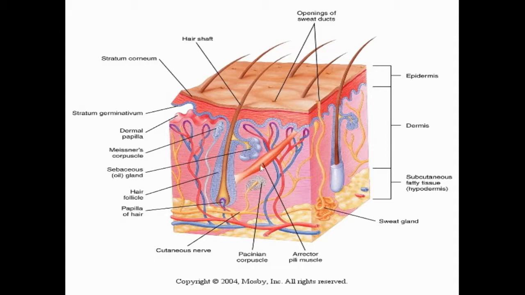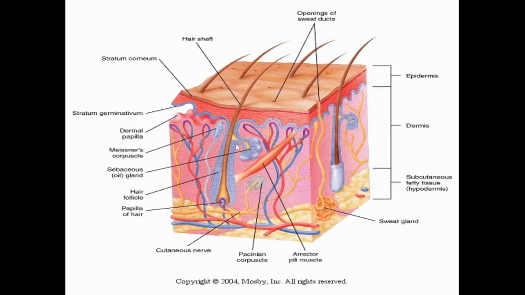All right, so getting to this little muscle here, let's talk about this little gland first. So it says sebaceous oil glands. If we go 3 or 4 days and don't wash our hair, our skin gets pretty oily, right? Some people a little bit more oily than others, and that's because of the sebaceous gland in here.